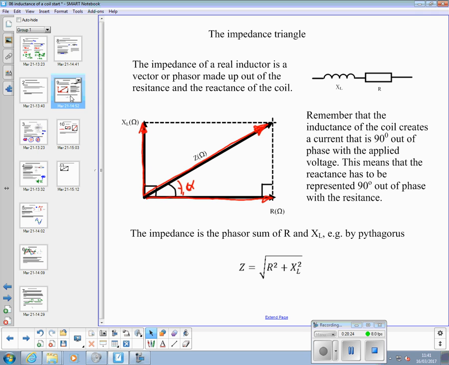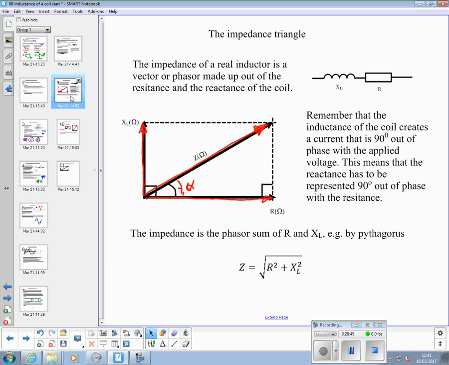This is often called the in-phase component and the out-of-phase component. That's how much the impedance is ahead of the resistance, that will cause the current down here at the same angle.